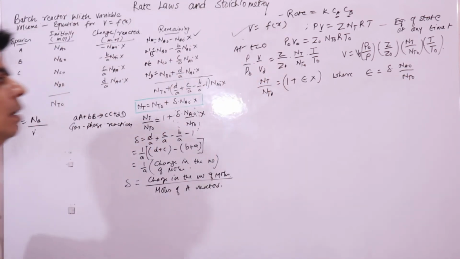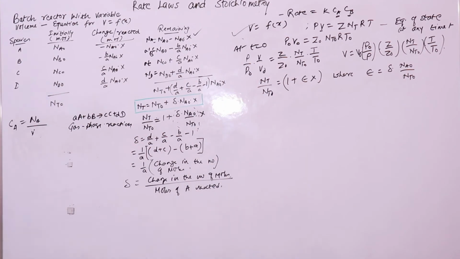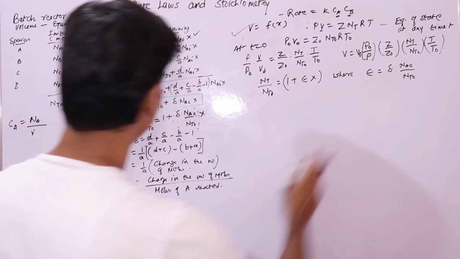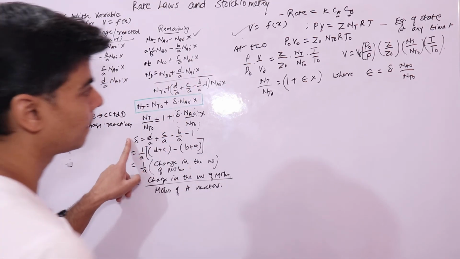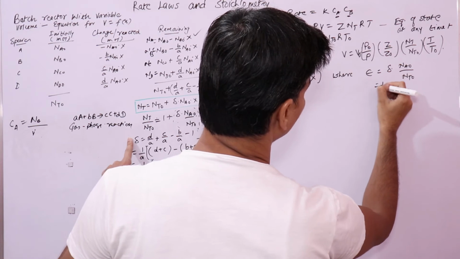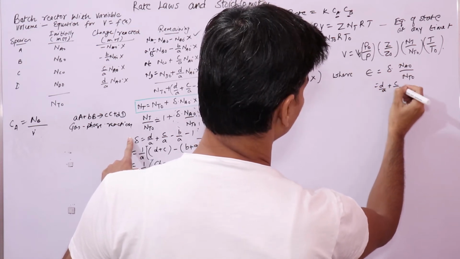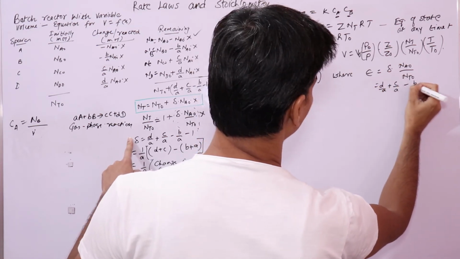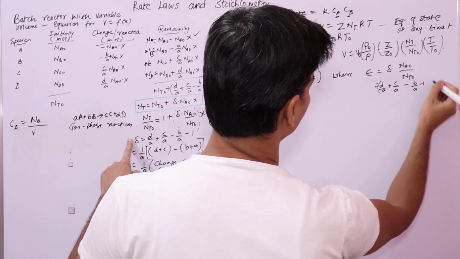This is simple derivation, simple mathematics that we are doing from the beginning of this chapter. So in a way, delta is this quantity: D upon A plus C upon A minus B upon A minus 1.